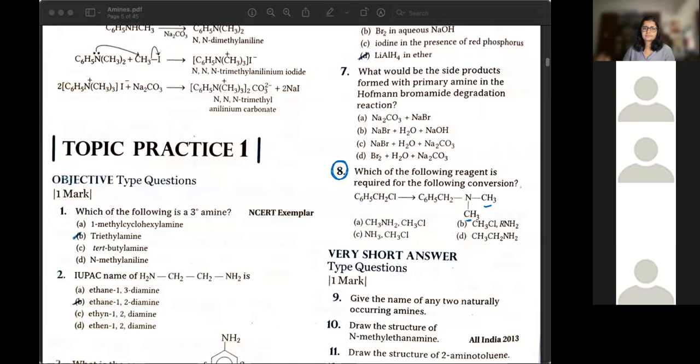Ma'am, which question are we doing? 8. Where were you till now? So remove the Cl, and N and CH3 we need to introduce. Like there's 2 methyl groups attached to the nitrogen here. So think of what all we would need for that.